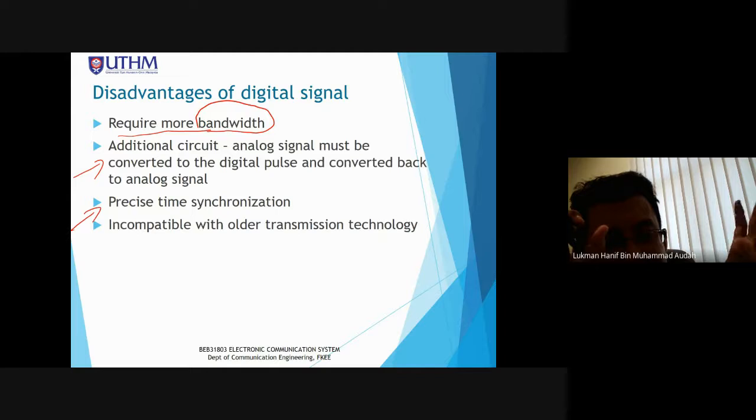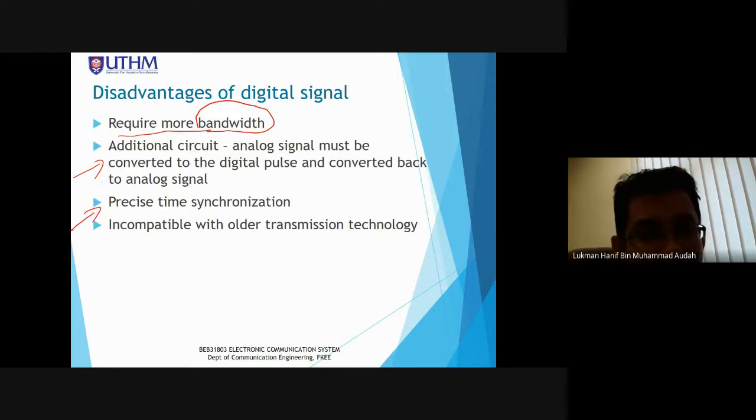Transmitter tak boleh transmit sesuka hati. Dia ada masa-masa yang telah ditetapkan dan dipersetujui antara kedua-dua pihak. So that means both transmitter and receiver must be synchronized to send and receive.